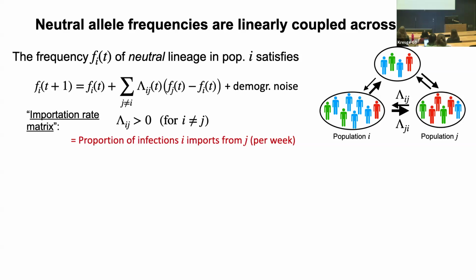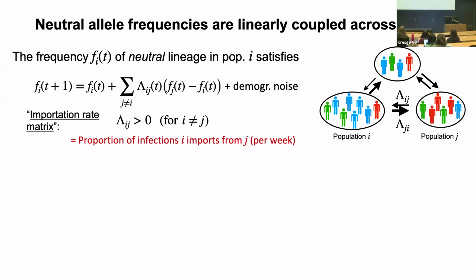Here the discretization of time that we use is 1 week, which is kind of natural. It's a natural periodicity of how people got sampled, and also it's approximately the generation time.